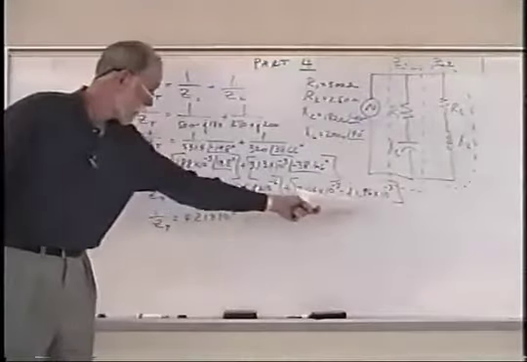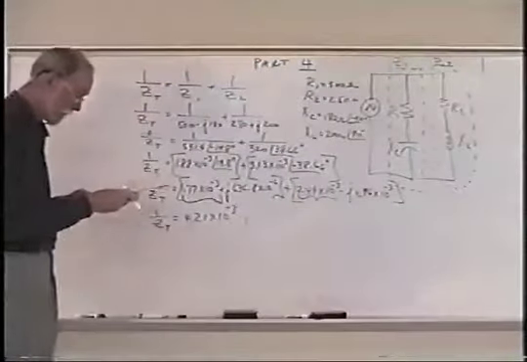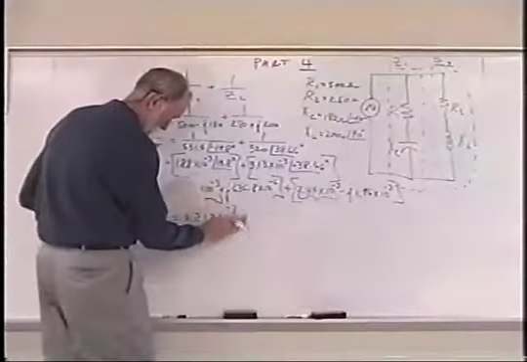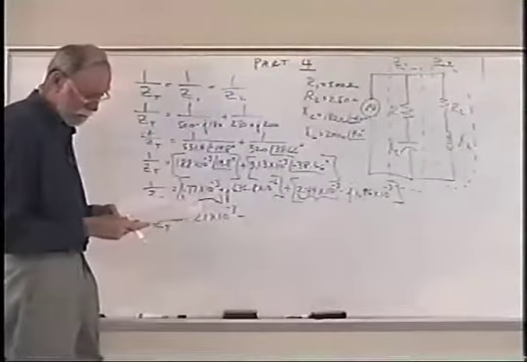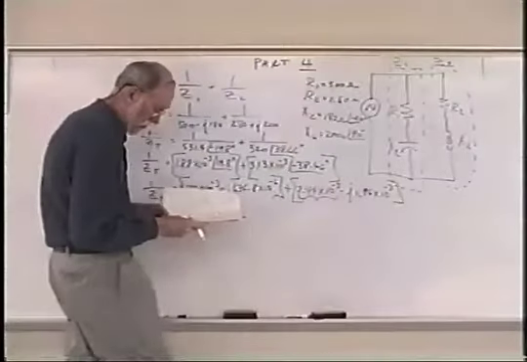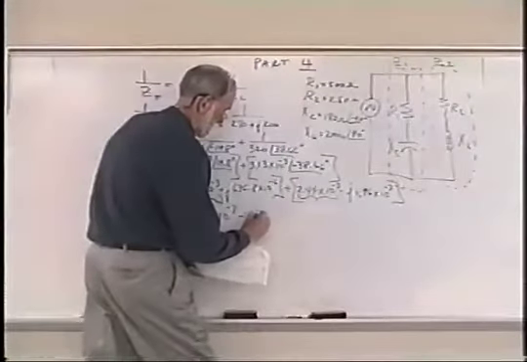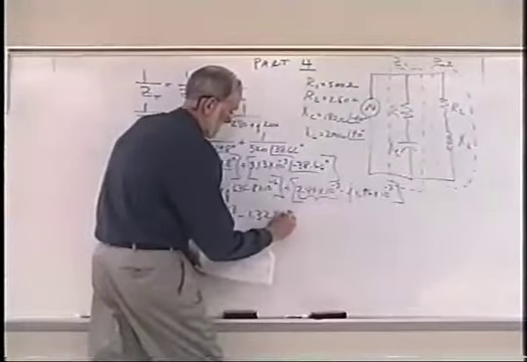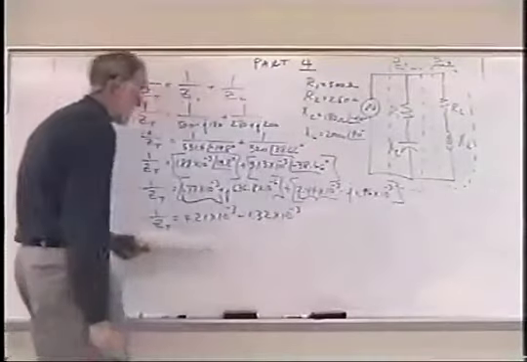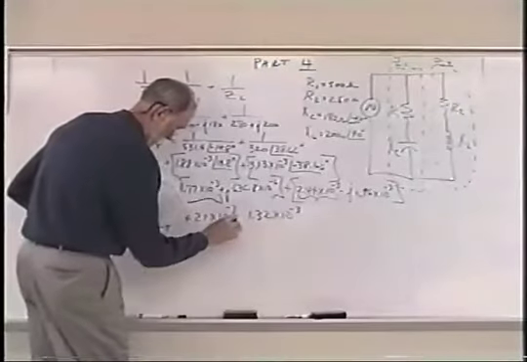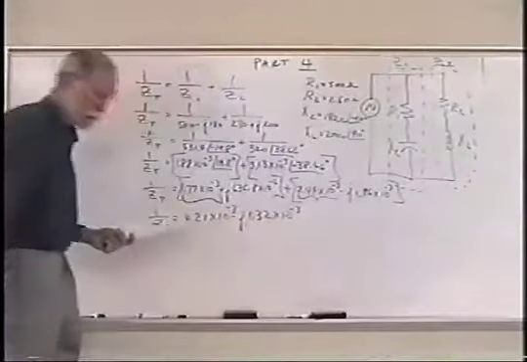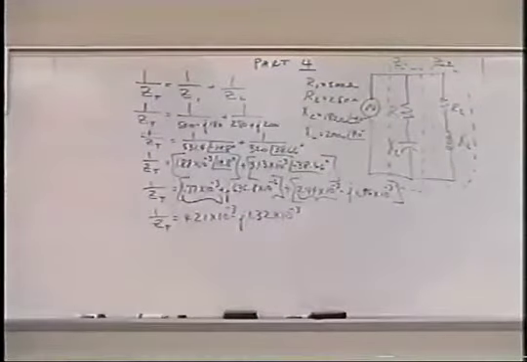The minus j value is bigger, so it's going to be a negative, whatever the difference is of 1.32 times 10 to the negative third. I need a j there, so I indicate it's a j component.